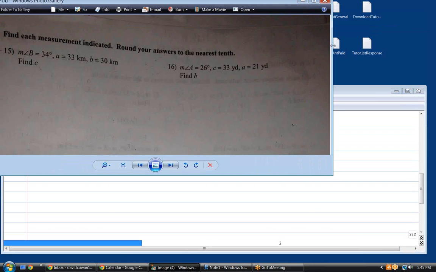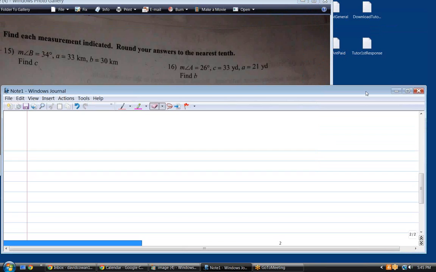Okay, this one here. So here we have a similar situation, right? Let's draw a triangle. It doesn't really matter if you draw these triangles to scale or not.